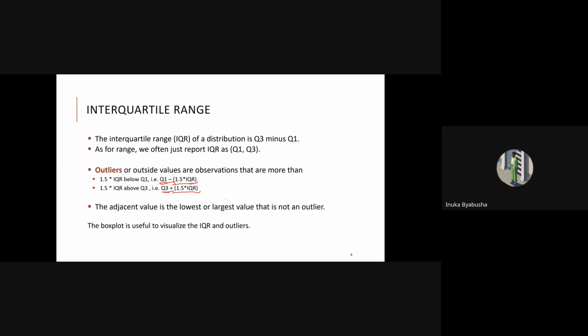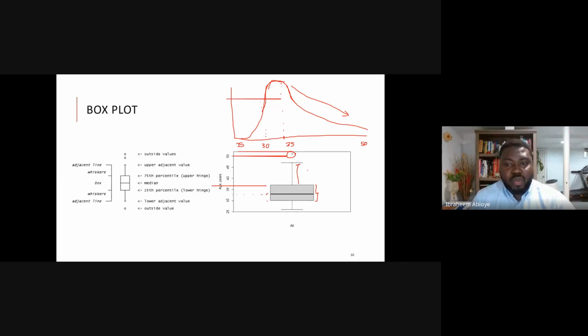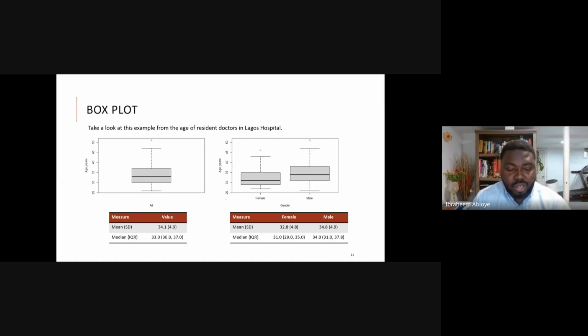So if you just plug in this number, Q1 minus 1.5 times the IQR, then any value that falls outside of that is an outlier. All right. So that's outliers.